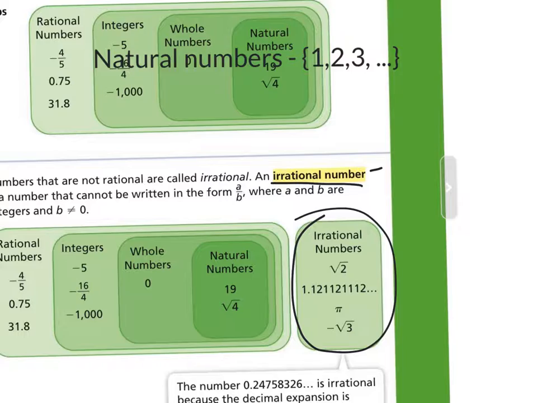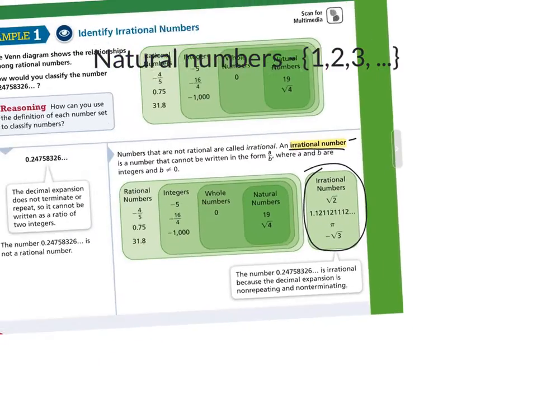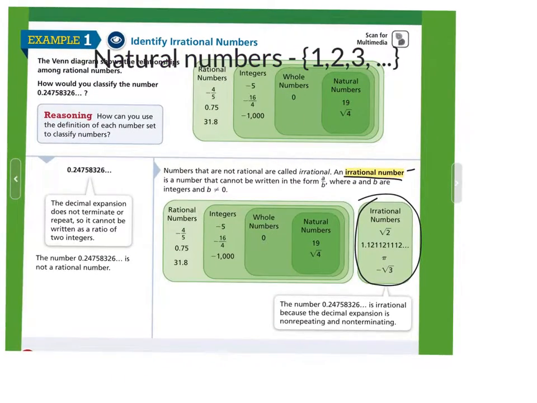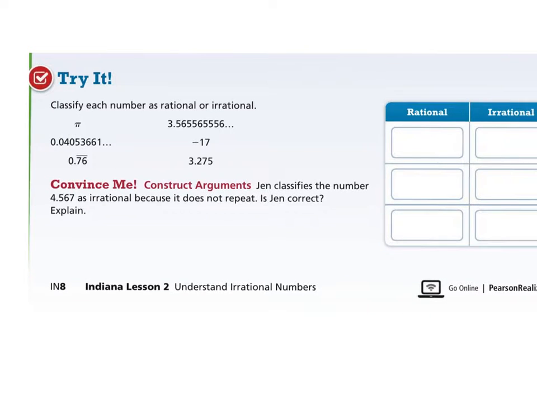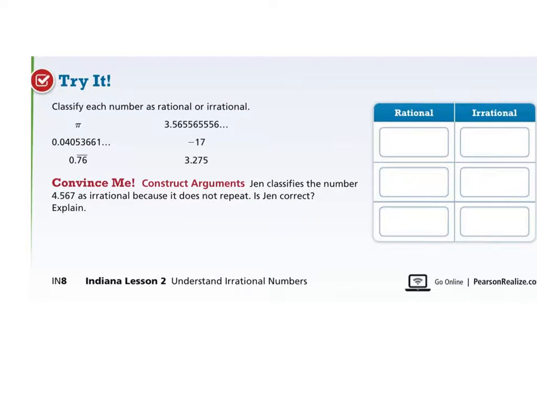Okay? So we'll look at the try it. Try it asks us to classify these numbers as rational or irrational. So just look and see which group you would categorize those as.